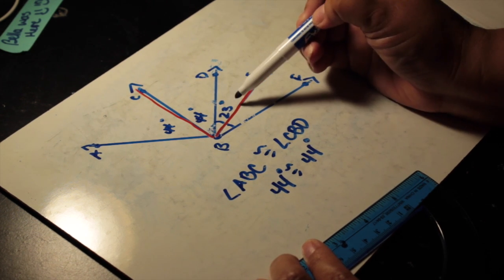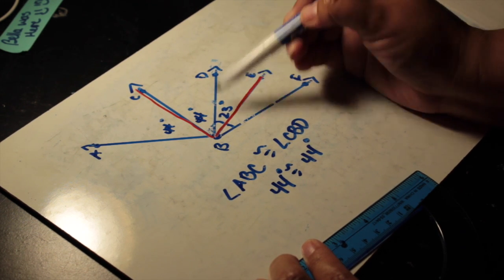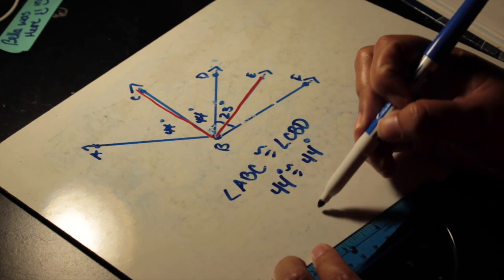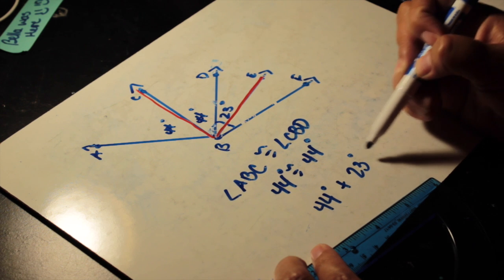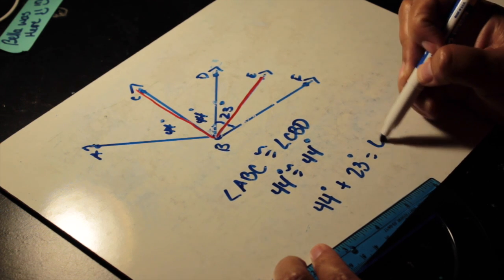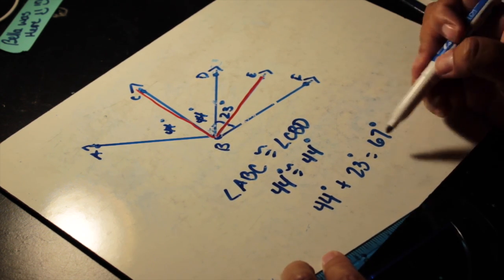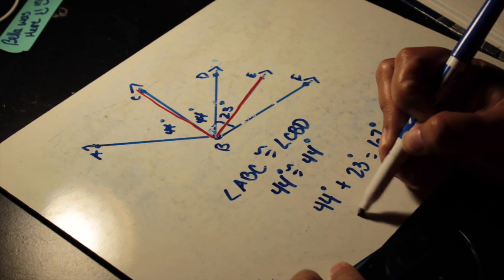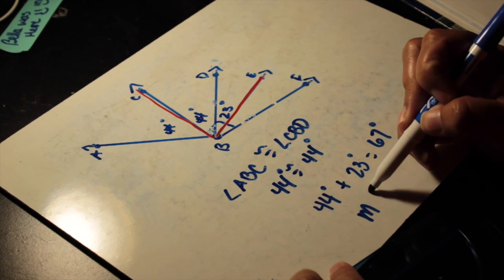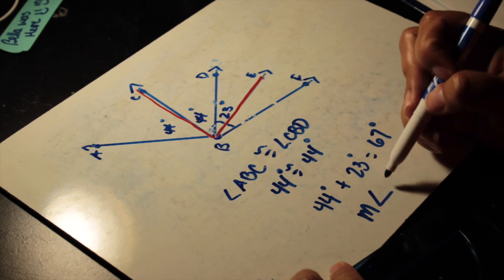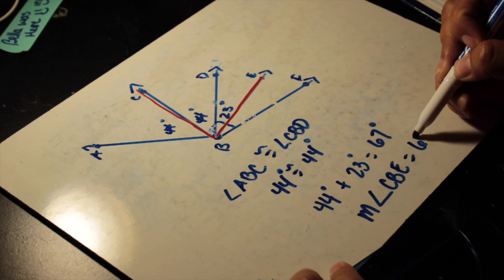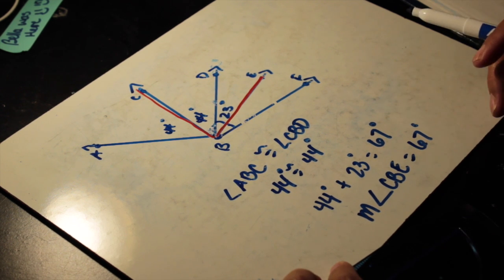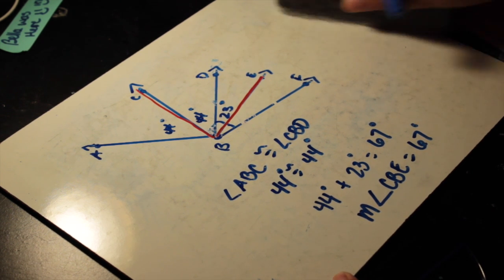And DBE was already given to us, so it's simply 44 degrees plus 23 degrees equals 67 degrees. This is how you would write out the answer: the measure, M is for measure, of angle CBE is equal to 67 degrees. All right, pretty simple.